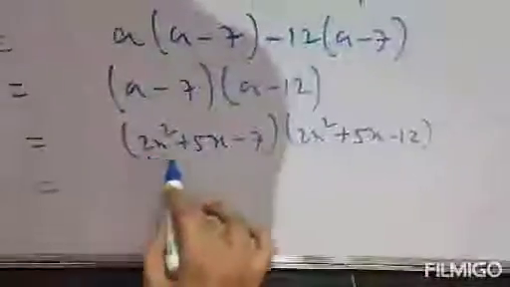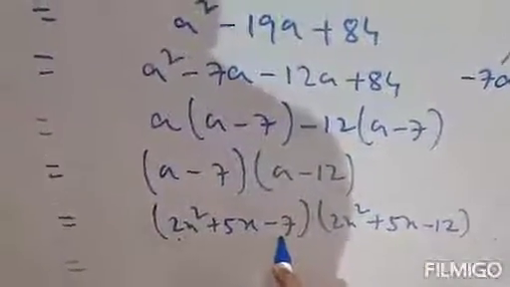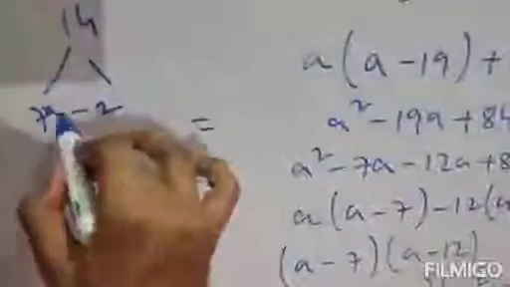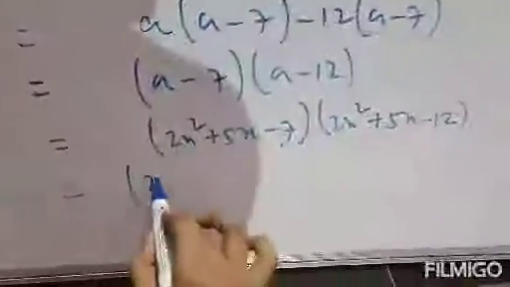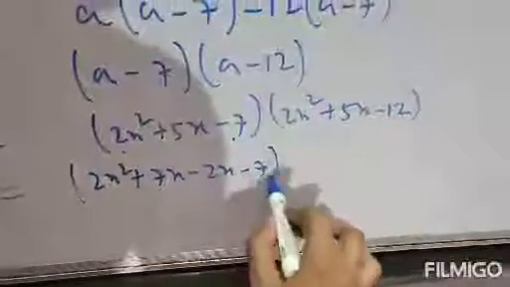So this is 2 and this is 7, so 2 into 7 is 14. By breaking 14 we will have plus 5: 7 minus 2 gives plus 5, and with x, that is 7x minus 2x, so you will have 5x in between. So write 2x square plus 7x minus 2x minus 7.